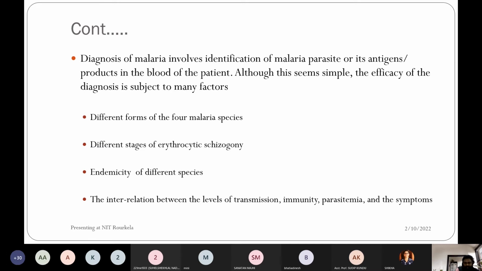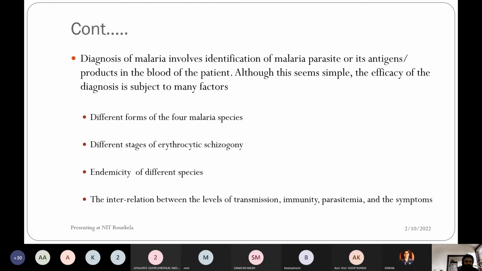But it relies on various things. It depends upon the different malaria species, the stages of the infection, and many more things.